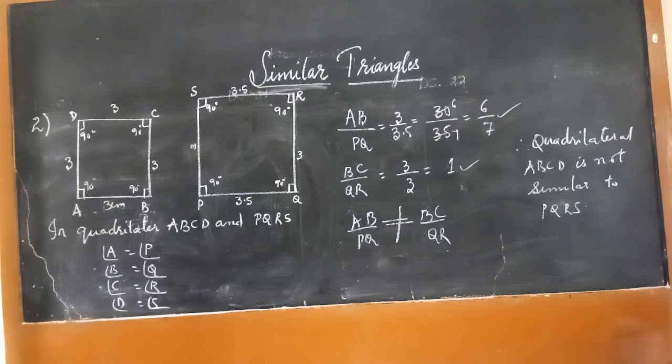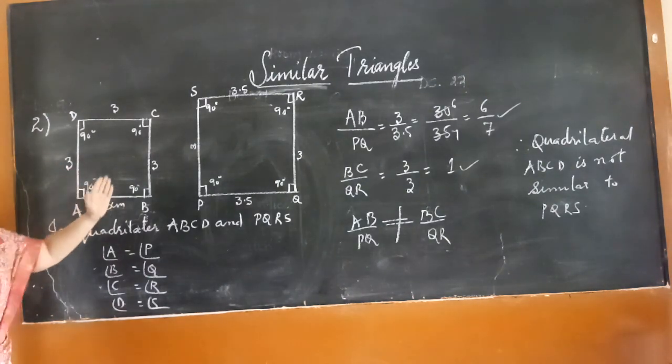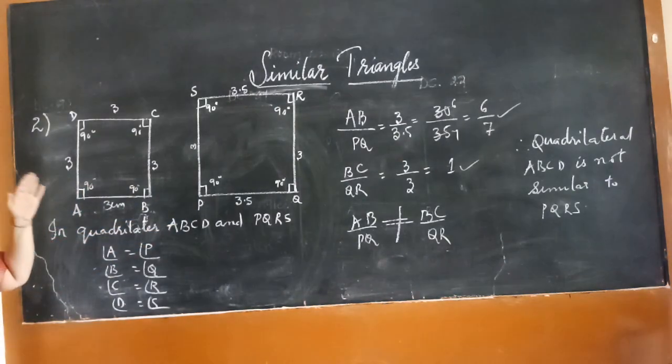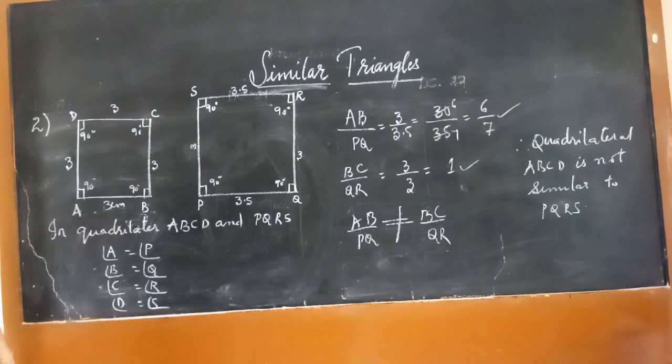But in the second example, it satisfied only one of the conditions. If it satisfies only one condition, you cannot agree they are similar figures. In another case, you can get an example wherein the corresponding side ratios may be equal, but the corresponding angles are not equal. Even in that condition, the figures are not similar.